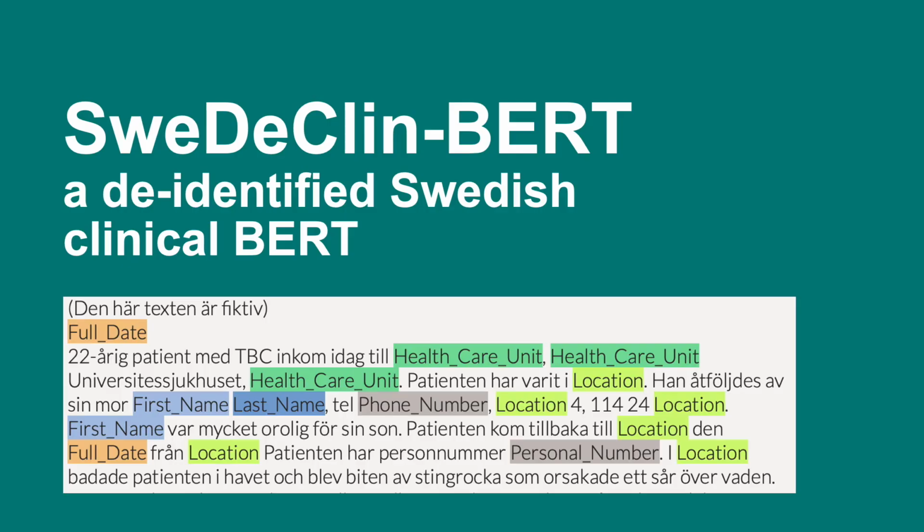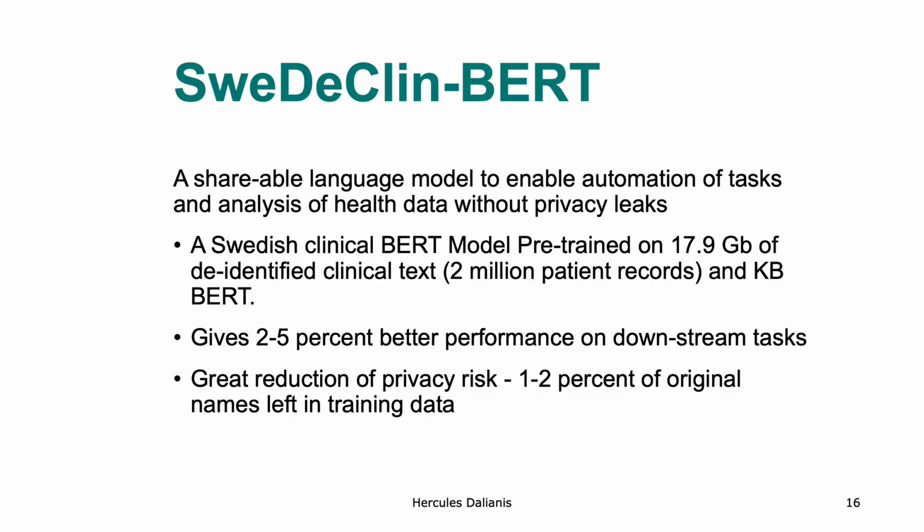Another example where we use machine learning for privacy is transforming textual patient data and de-identifying it using BERT, which is a shareable language model to enable automation of tasks and analysis of health data without privacy leaks.